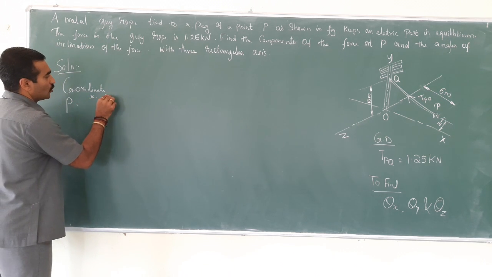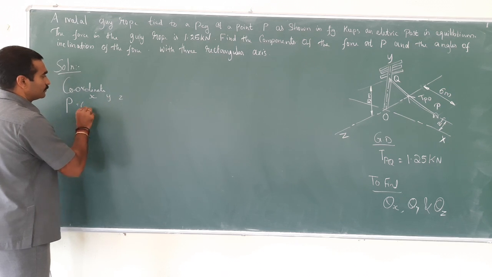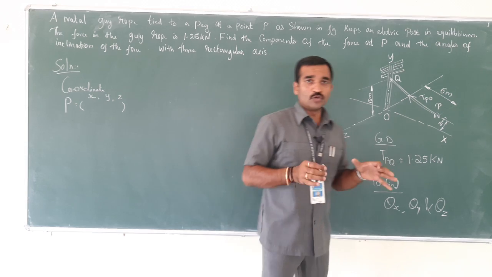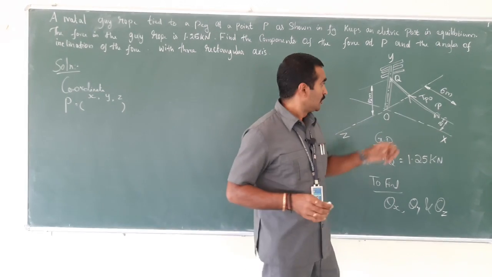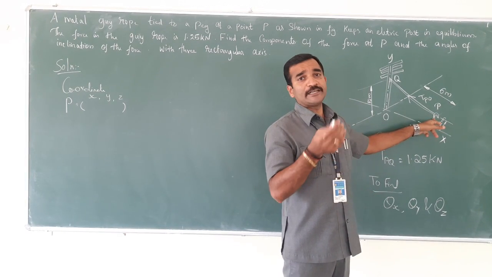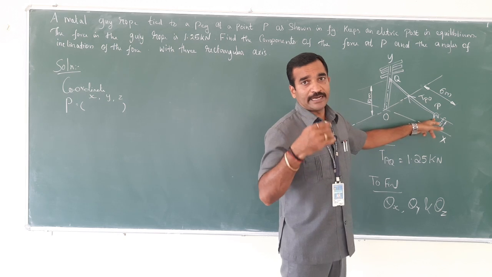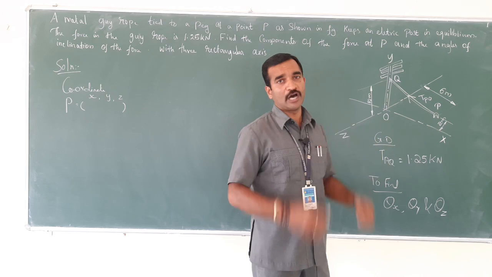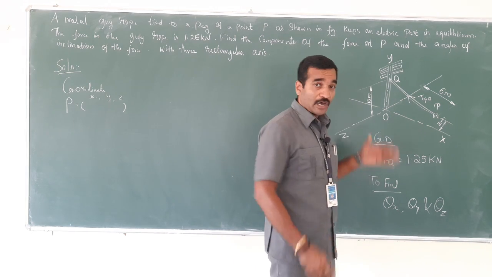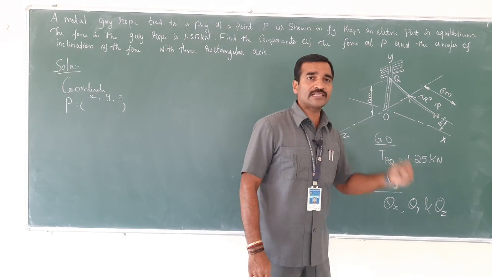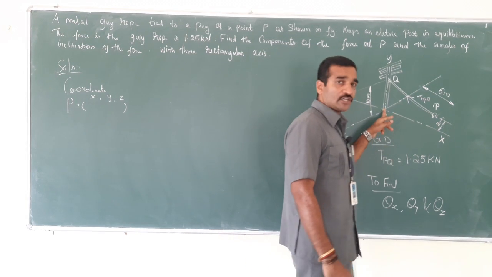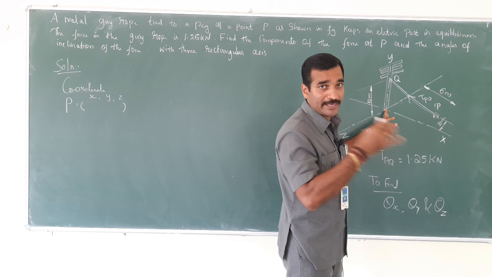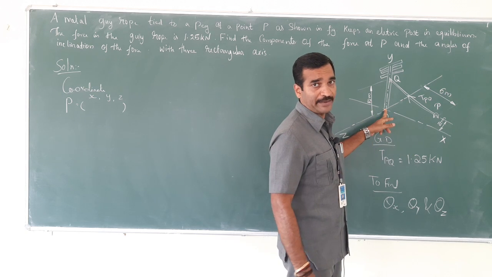Now I am going to explain how to find the coordinates. Look at this P: how far it is located from the origin. It should be measured from the origin, along all the axes X, Y, Z. How far it is located along the X axis, Y axis and Z axis we need to find.